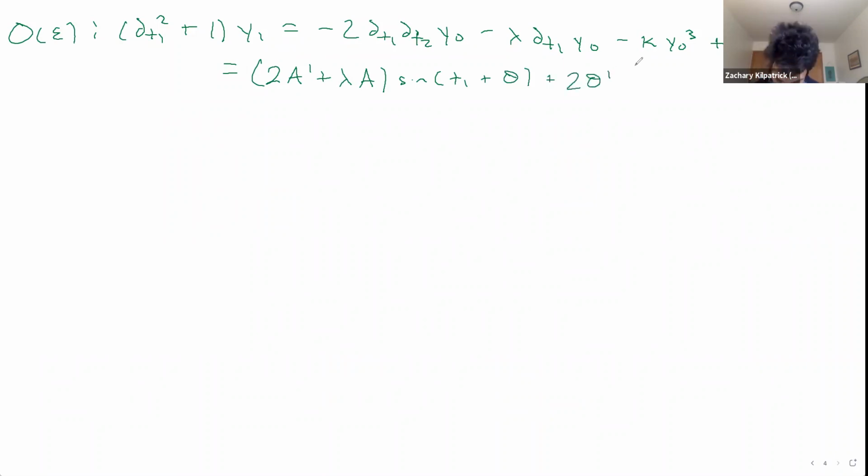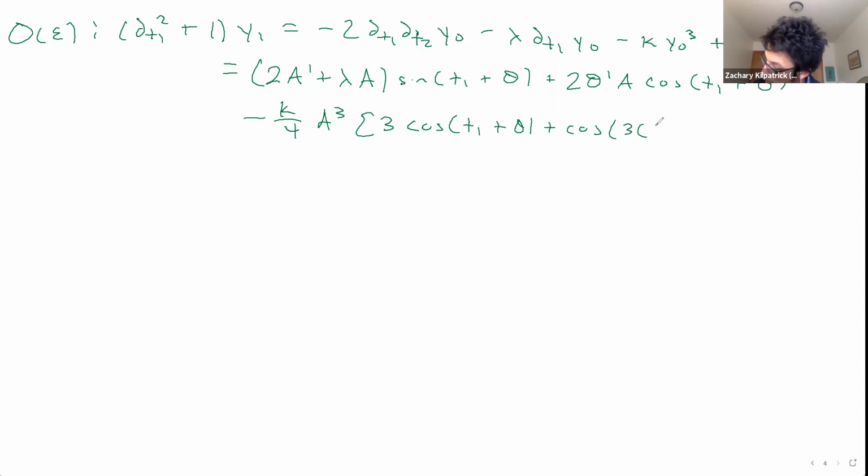Plus theta prime a cosine t1 plus theta in this case, minus kappa over 4 a cubed times 3 cosine t1 plus theta plus cosine 3 t1 plus theta, plus now our forcing term cosine of t1 plus omega t2.